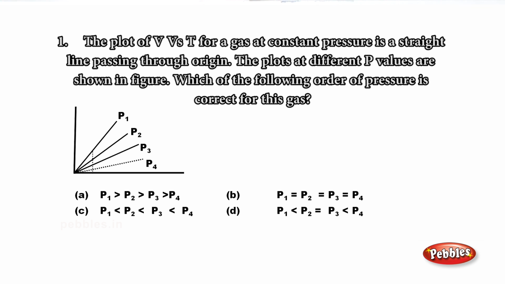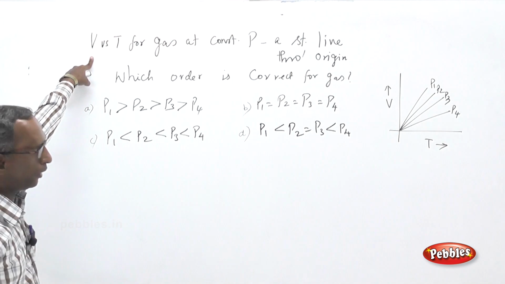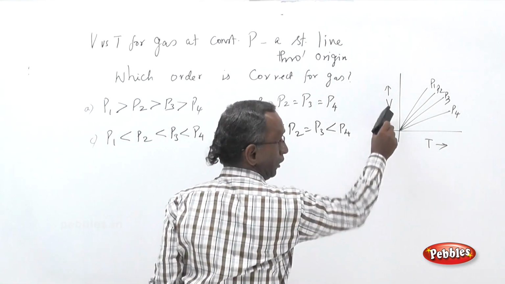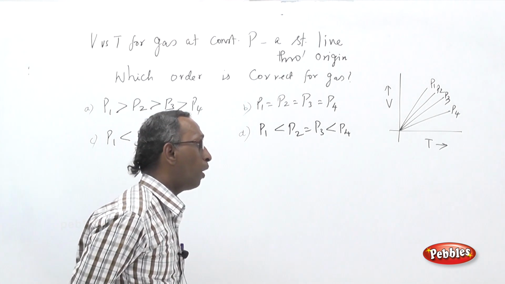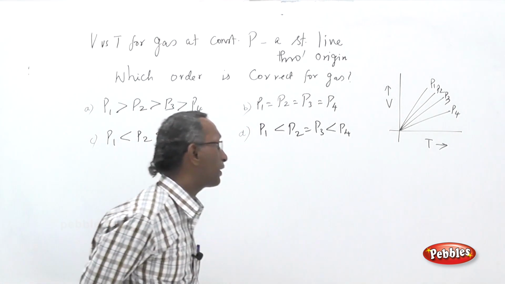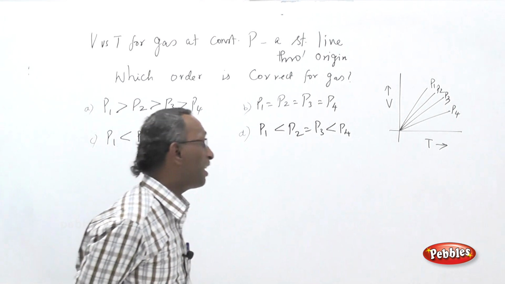So for a plot of volume versus temperature, the general pattern is that the first one is the dependent variable, which is plotted on the y-axis. Y-axis is the volume, x-axis is the temperature.